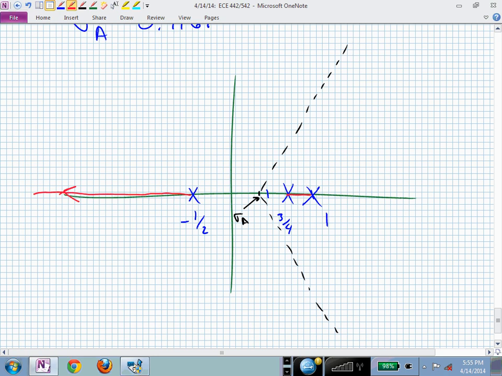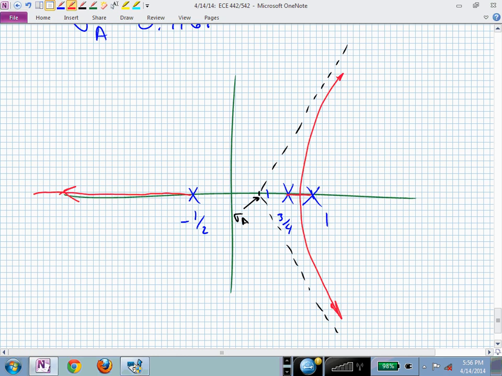But if we're in a hurry, we just say, you know what? It's breaking away somewhere between there, and there's my root locus. You're finished. Maybe not. Now maybe you want to know something a little bit more, but you have a pretty good feel for what's going on.